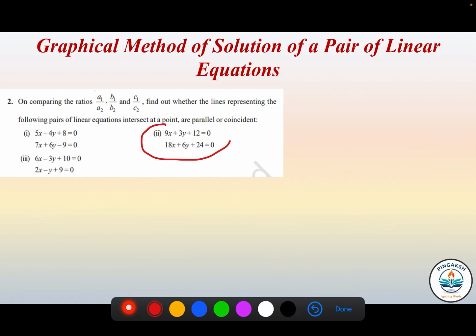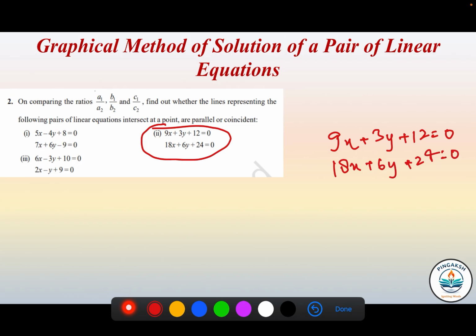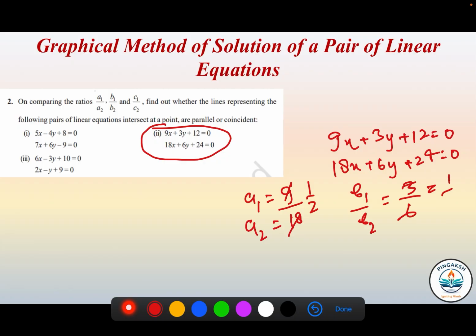Now come to the second. 9x plus 3y plus 12 is equal to 0, and 18x plus 6y plus 24 is equal to 0. What is this? a1 by a2 is 9 by 18, which is 1 by 2. What will b1 by b2 be? 3 by 6, that is also 1 by 2, and c1 by c2 is 12 by 24, so 1 by 2.